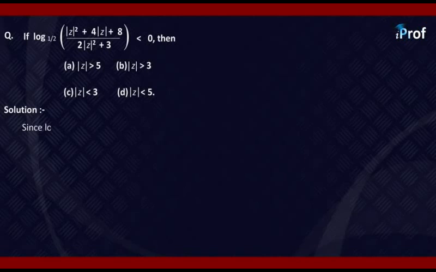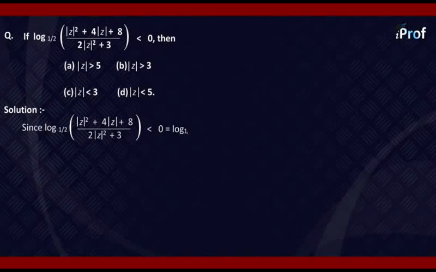Given that log of (|z|^2 + 4|z| + 8)/(2|z|^2 + 3) is less than 0, 0 can be written as log of 1 to the base 1/2.